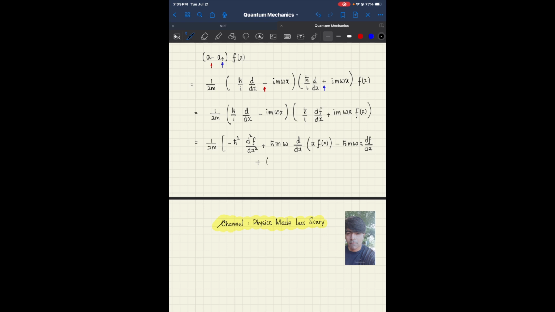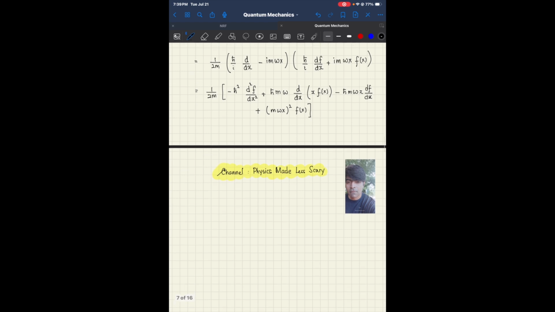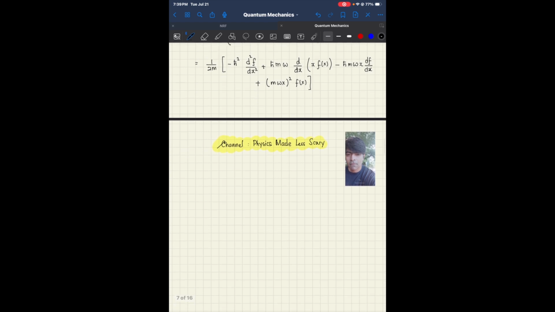Plus the quadratic term, right? (mω x) squared f(x). You're almost done. So this is simply 1 by 2m, ħ by i, ħ by i whole squared.